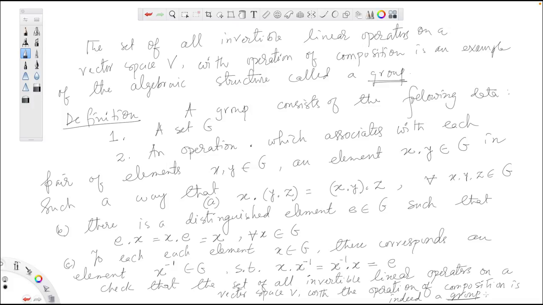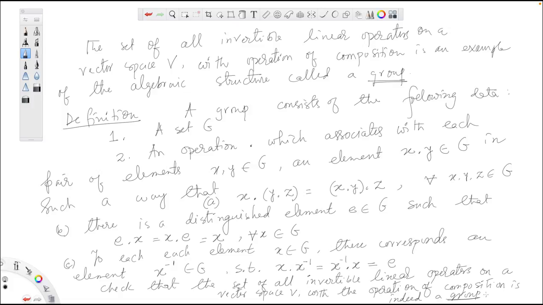I want you to verify this. So we thus see that the subset of the linear algebra of linear operators on a given vector space V can be endowed with the structure of a group.